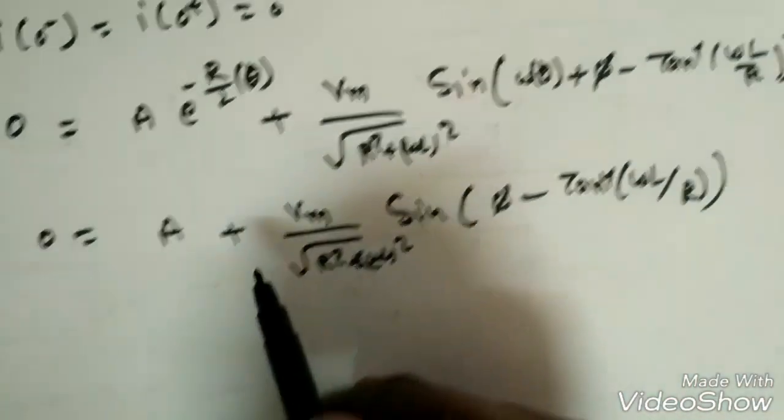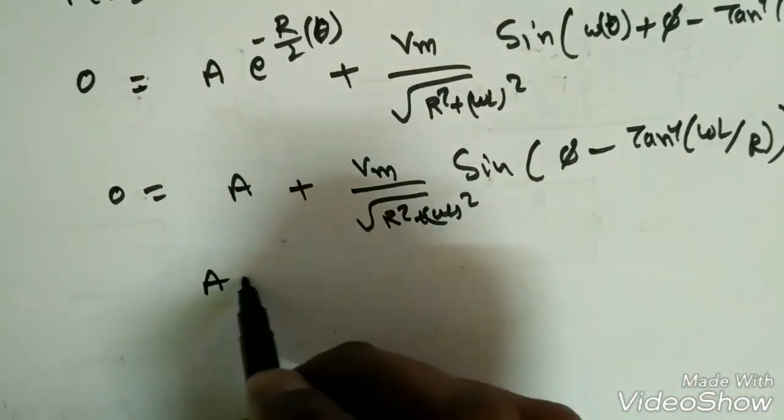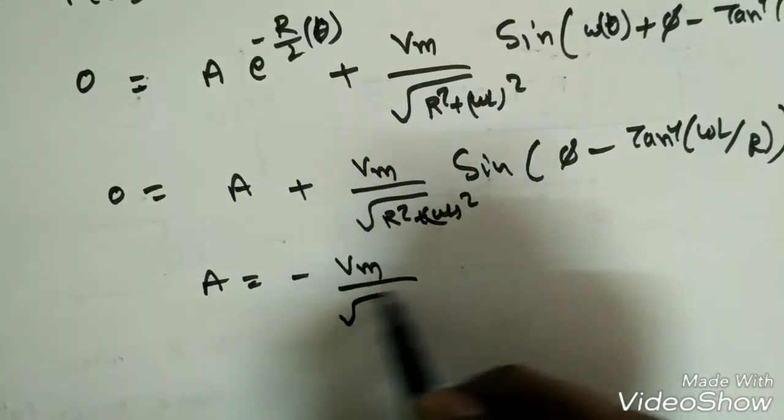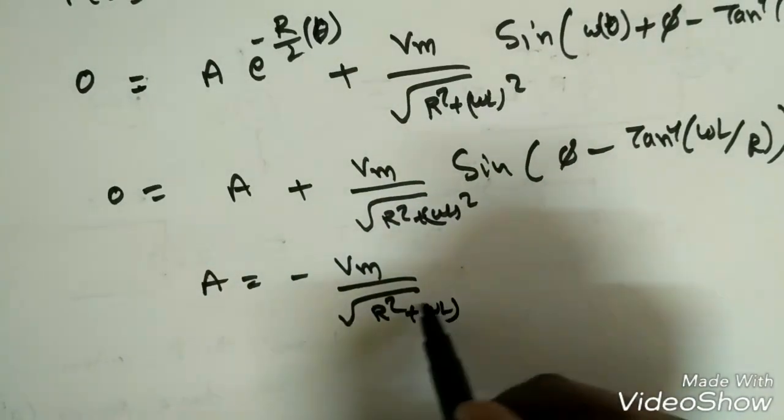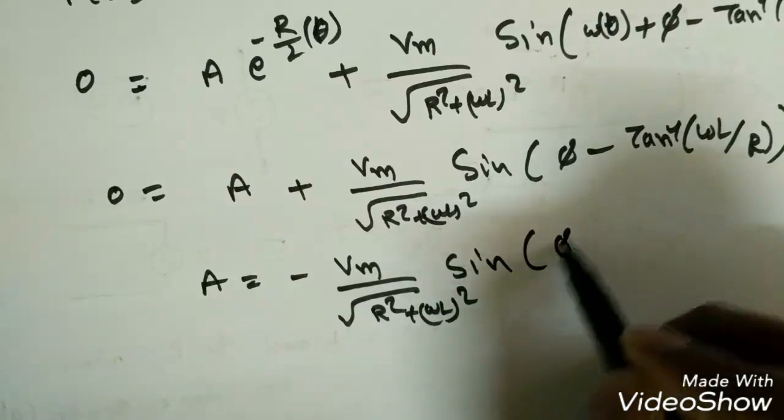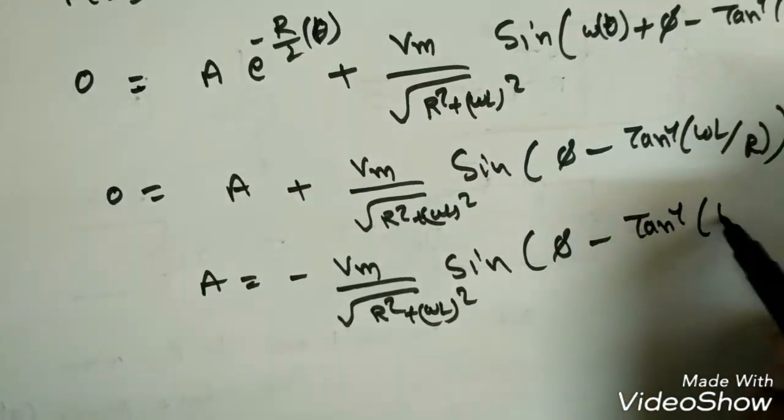So what is A here? A, you will get as minus of this one. So A is equal to minus of Vm by square root of R square plus omega L whole square sine of pi minus tan inverse omega L by R, right?